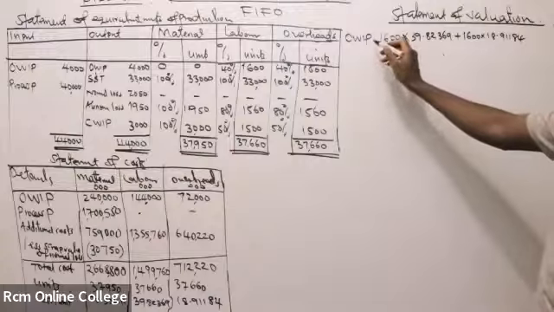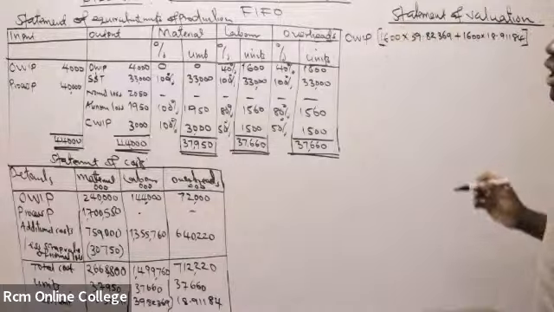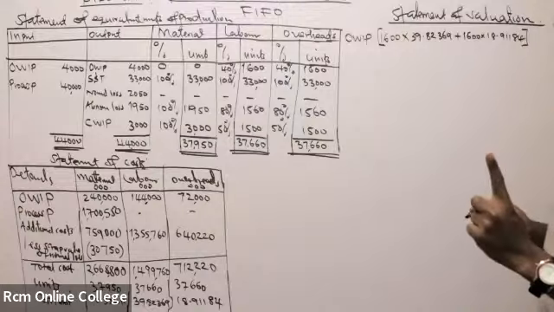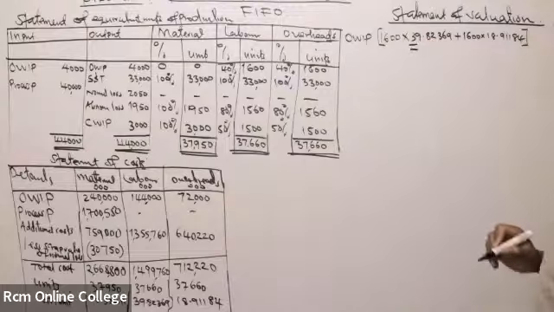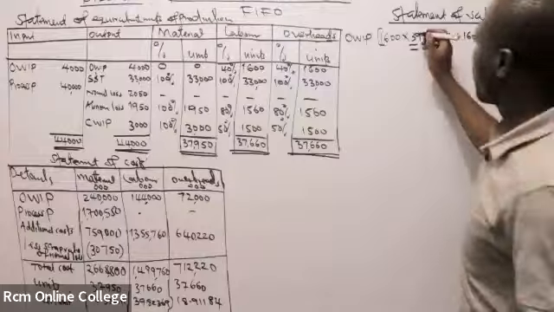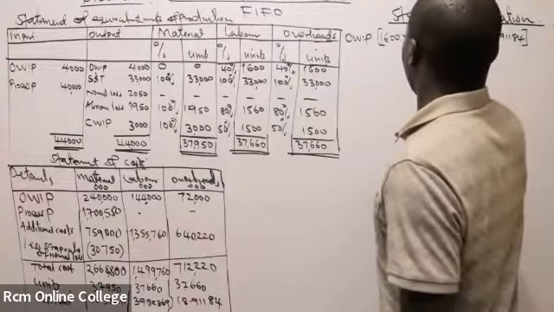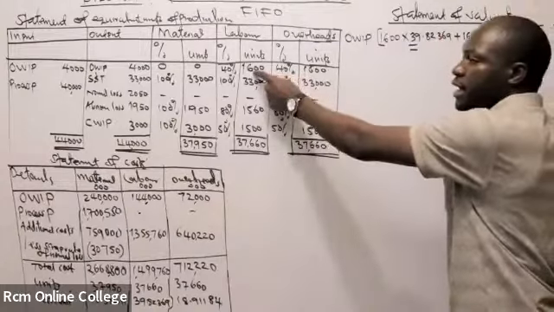Once you have this for the opening work in progress, you can now round off your final answer to the nearest whole number. So what are you getting? That is the first approach. Or remember, we have the same number of units, 1600.